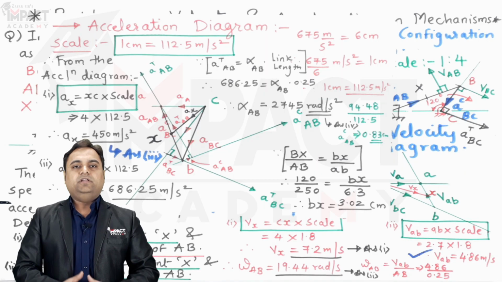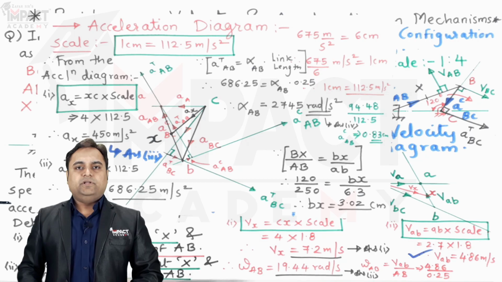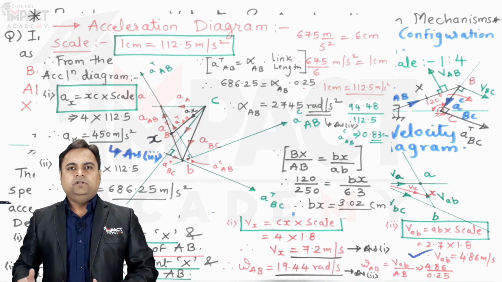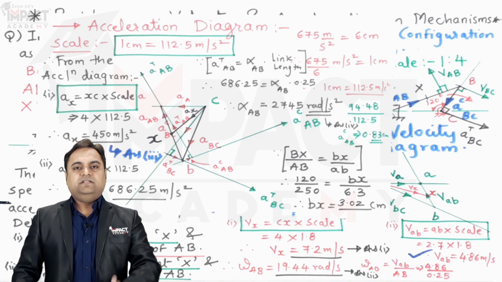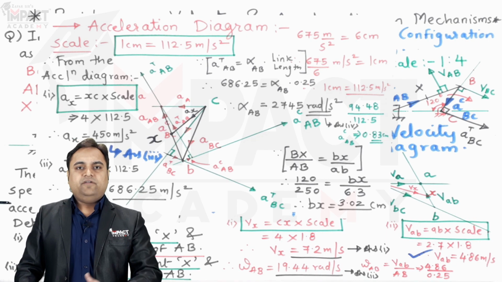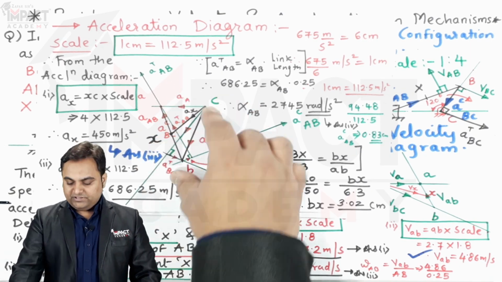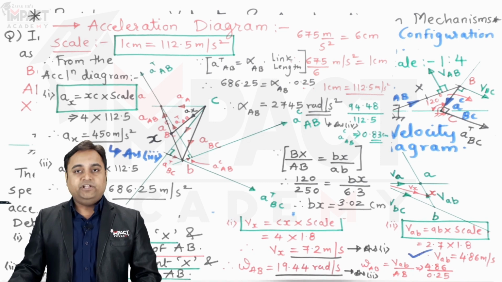And remember, in case of velocity and acceleration, since this is a graphical method, the answers may vary from person to person. There may be chances of error here, so we have to be careful, and the answers won't remain the same for every person. That depends on the scale which we are selecting, on the distances, on how we are measuring, or how we are rounding off the values.